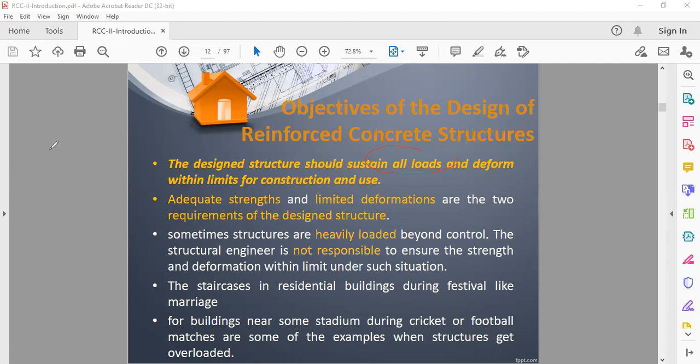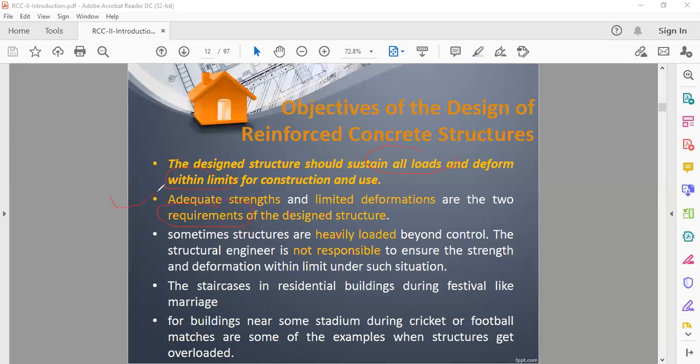You cannot say that deformation will never occur. Yes, deformation will occur. No matter how much you design for any number of loads, the structure is going to deform, but the deformation should be within the limit.